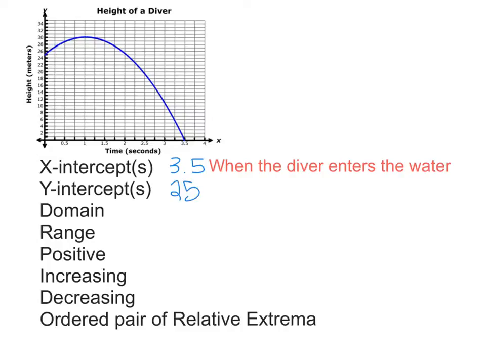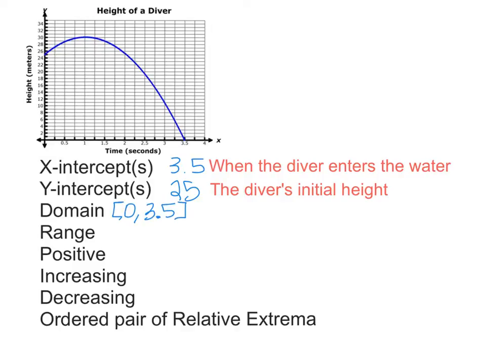And contextually, what this means is the diver's initial height, so the height of wherever he is diving off of. The domain is, when I'm reading the graph from left to right, I'm looking at what are all the x values that are happening here. So I'm going from 0 on my x to 3.5. So the domain would be 0, 3.5 with the brackets.